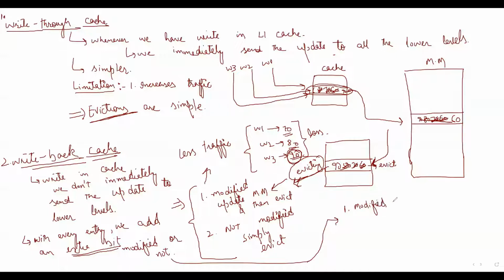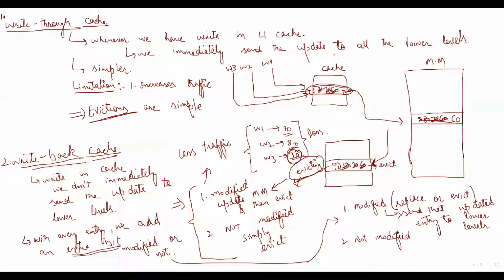If the entry was modified and we have to replace or evict that entry, then in that scenario we will send that updated entry to lower levels so that we won't lose any update. However, if the entry is not modified, we can simply evict that entry.